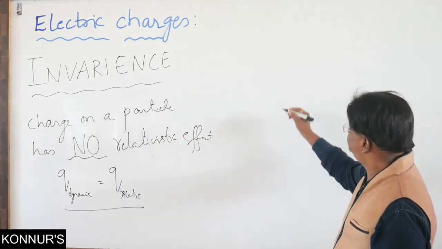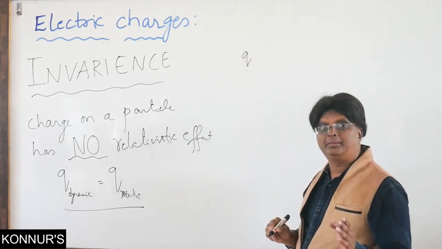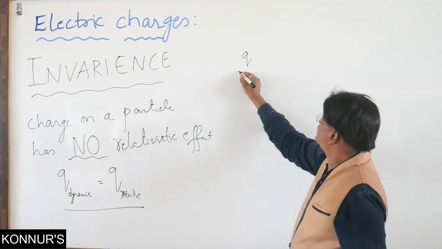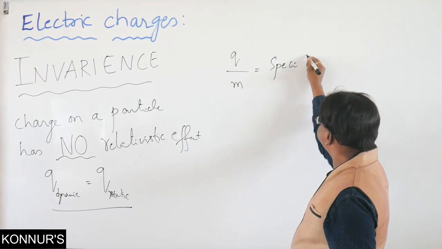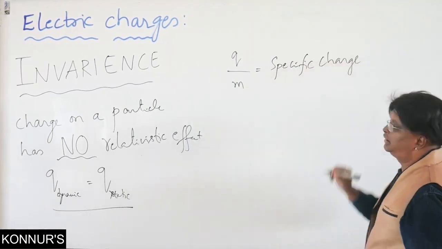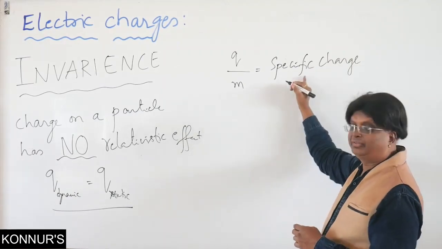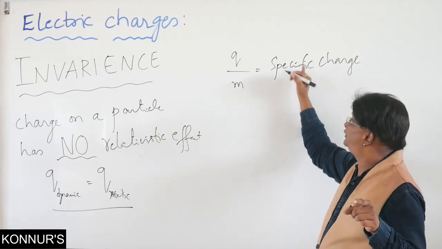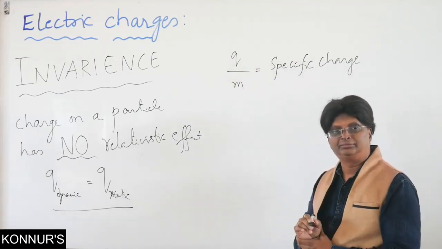Now what is meant by specific charge? If Q is the charge of the particle and M is its mass, then we write Q by M as specific charge. Q by M is the specific charge of the particle. Now you see, this is the question asked not with respect to the charge or mass, but with respect to the specific charge. Now what is your answer?